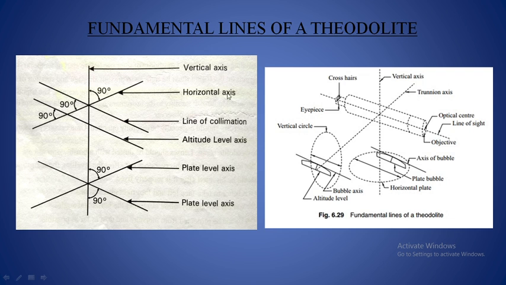The horizontal axis is exactly perpendicular to the vertical axis and also to the line of collimation, and the altitude level axis is exactly perpendicular to the vertical axis and also to the horizontal axis. Now the plate level is exactly perpendicular to the vertical axis and also to the other plate level axis.